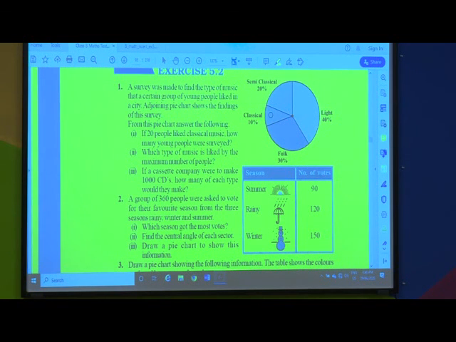So, one by one we should find the answers. The very first thing, the survey is of what type? Type of music. For which group? A group of young people in a city. Second, if 20 people like classical music, it means 10% of the whole.